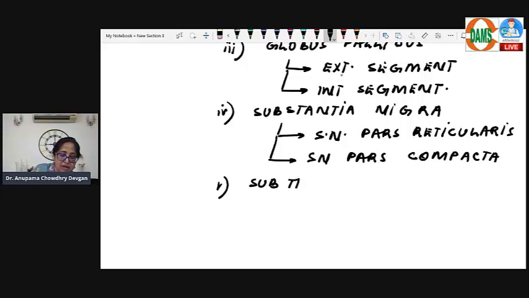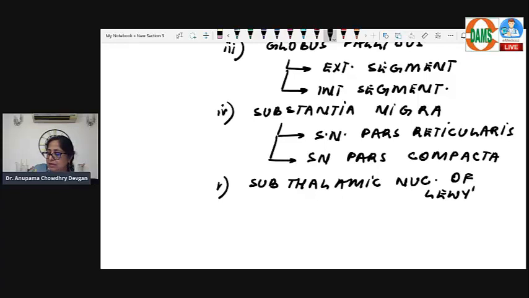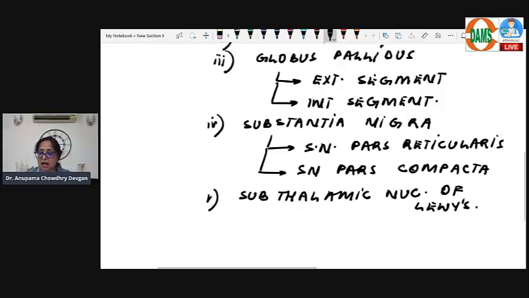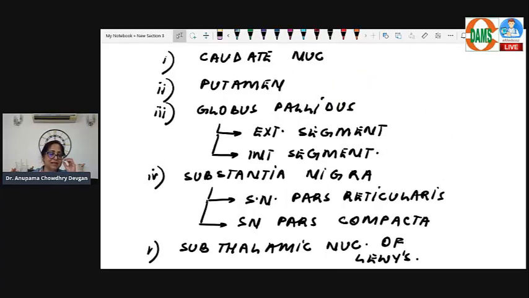And number 5 is the subthalamic nucleus of Luys. So these are the 5 components of the basal ganglia. What are the 5 components? Caudate nucleus, putamen, globus pallidus, substantia nigra, and subthalamic nucleus of Luys. Okay.